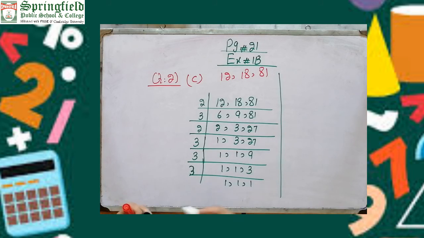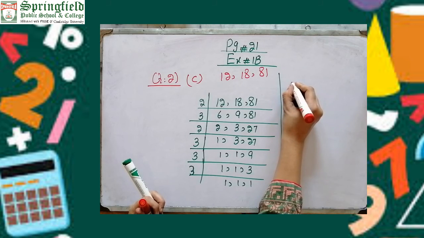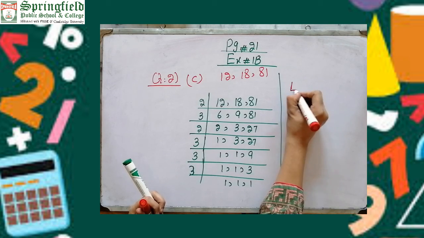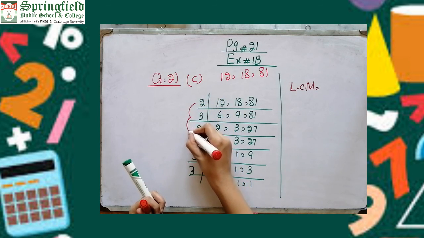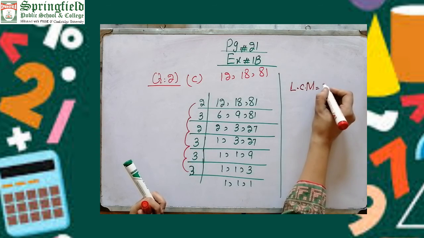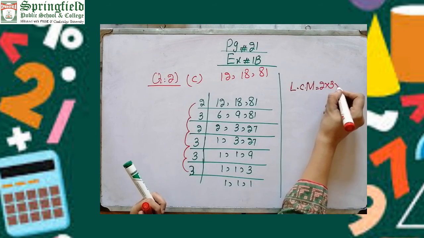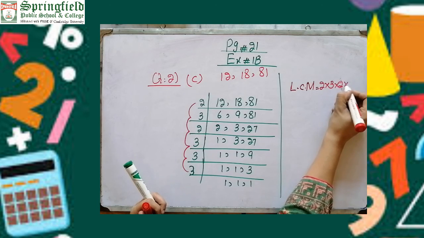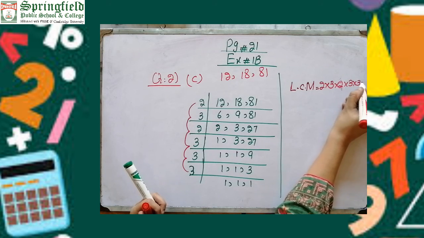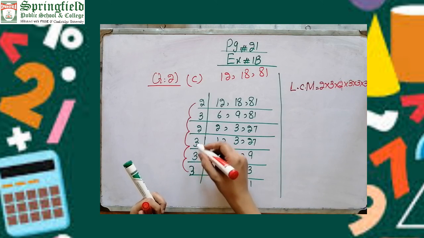So write down the factors of 12, 18 and 81. Multiplication of all the factors: 2 multiply 3 multiply 2 multiply 3 multiply 3 multiply 3.